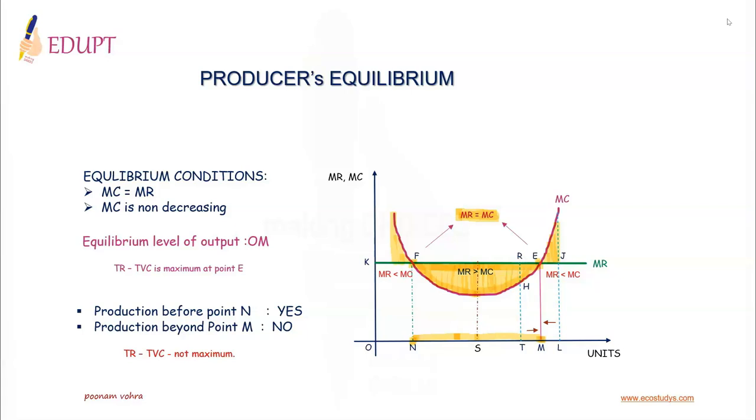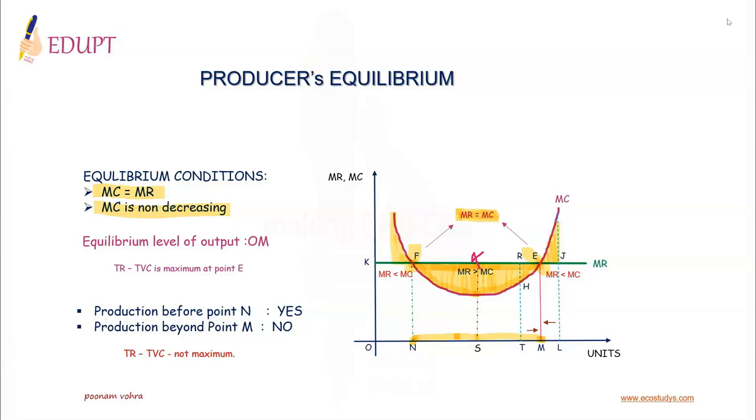Out of these 3 points, the equilibrium point will be the one where both the equilibrium conditions get satisfied. 1. Marginal revenue is equal to marginal cost. The first condition gets satisfied at point F and at point E. It is not satisfied at point S. So this is out of question. The second condition is that marginal cost is non-decreasing beyond the equality of marginal cost and marginal revenue.